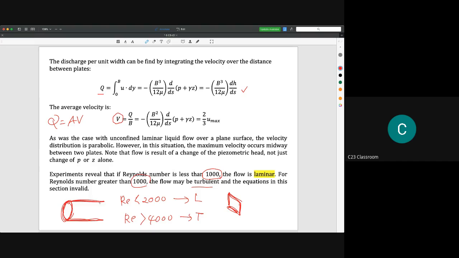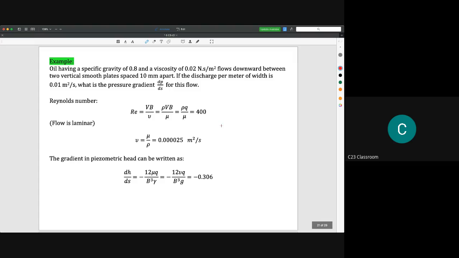The determination of the Reynolds number here must be done according to experimental work, because calculation needs to be verified and validated, and normally people will validate with experiments. So this is a simple example, I think you could read and understand this one. We have a specific gravity of 0.8.